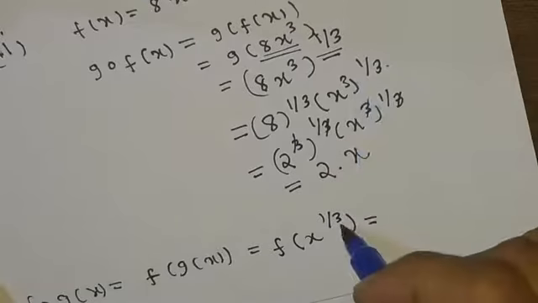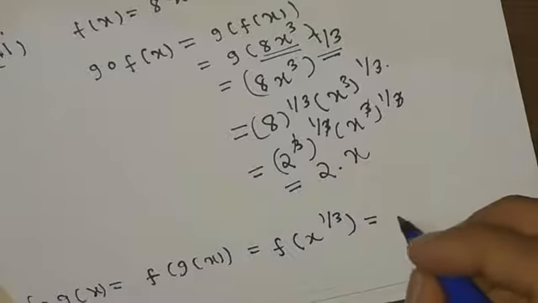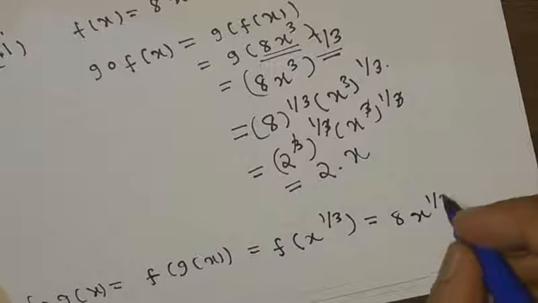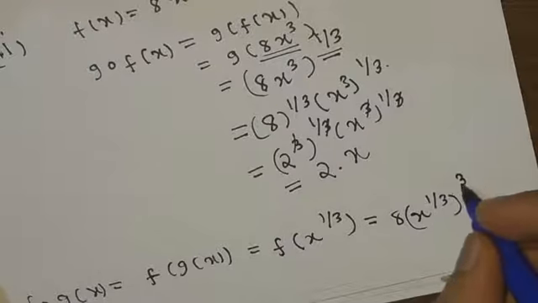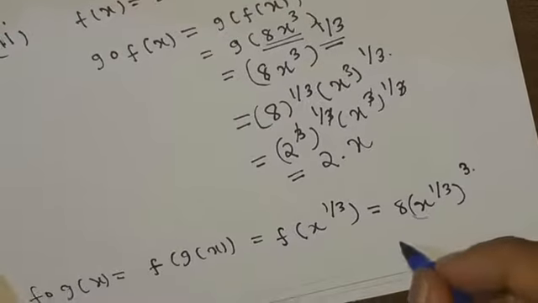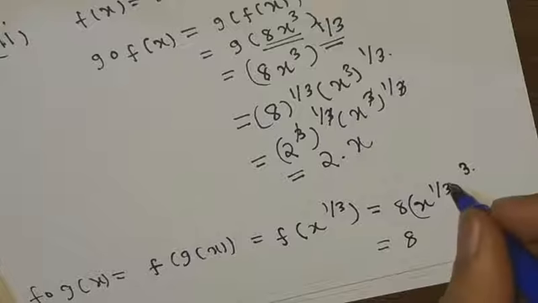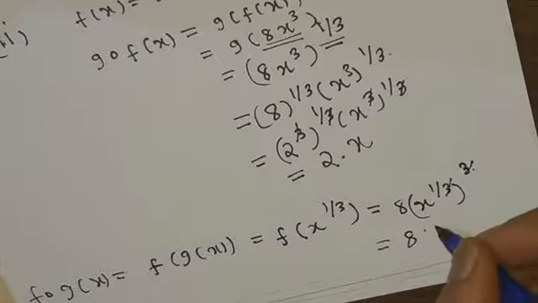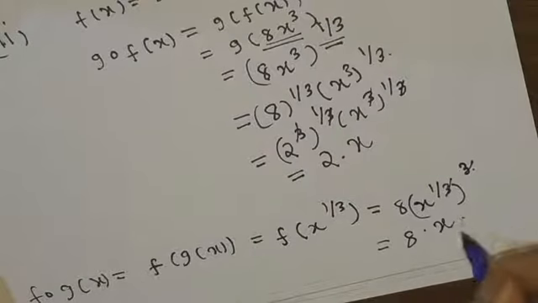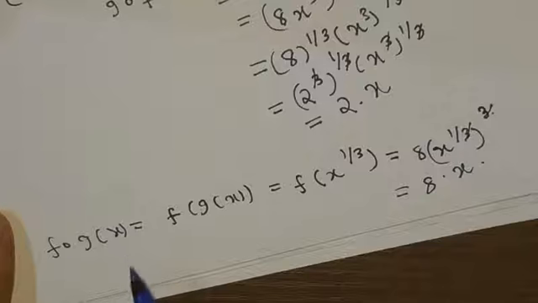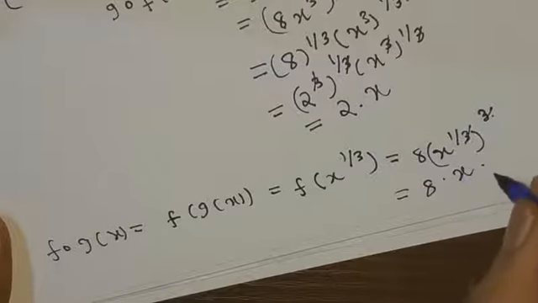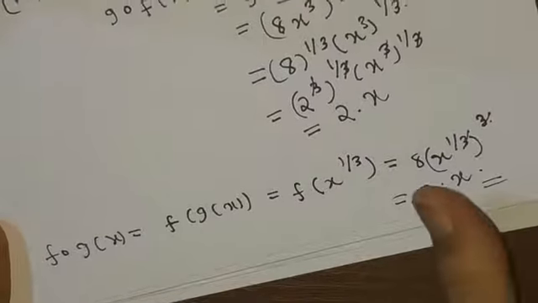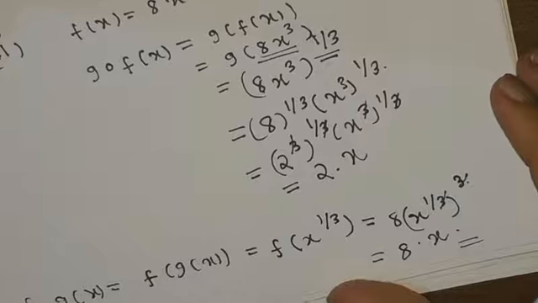Here in place of x you have x raised to 1 by 3. So you will get 8 times (x raised to 1 by 3) the whole cube. Here 3 and 3 will get cancelled and you will get x. So you will get 8x. So f composition g of x will be equal to 8x. Okay, that was problem number 3.